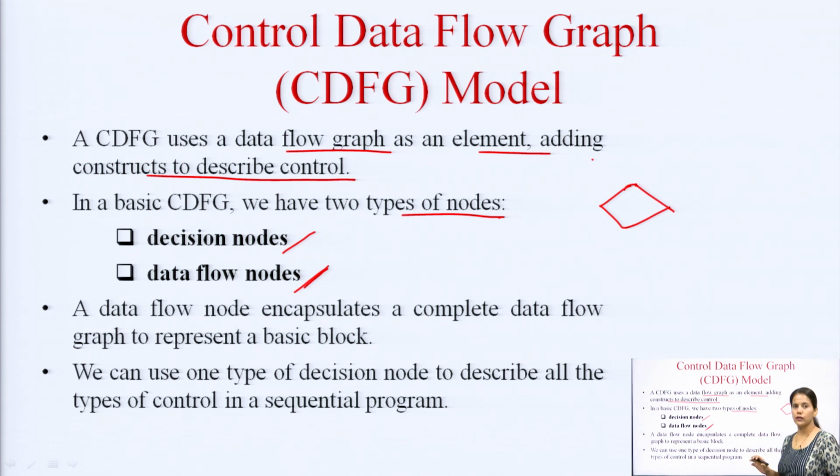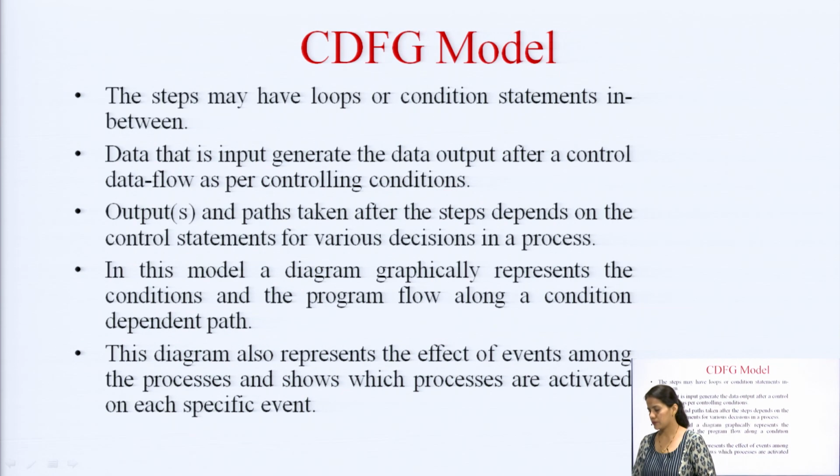Some condition is put in it, and depending upon the fulfillment of the condition, the data flows accordingly. The data flow node encapsulates a complete data flow graph to represent a basic block, and we can use one type of decision node to describe all the types of control in the sequential program. So, it may be represented using a rhombus, or some other figure can be used.